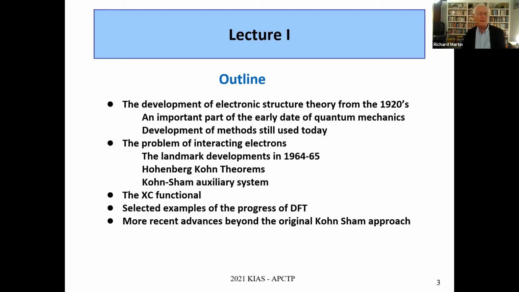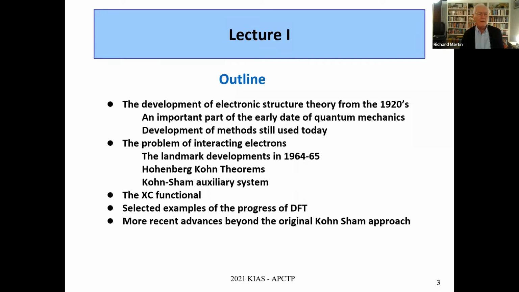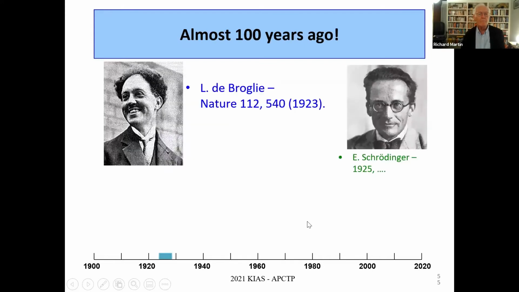More discussion of the exchange correlation functional and some selected examples of the progress of density functional theory. I'm really not going to do much of the examples. I more want to get the concepts and illustrations, and more about the recent advances beyond the original Kohn-Sham approach.